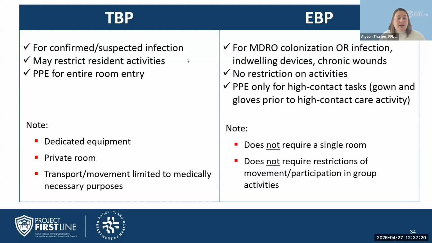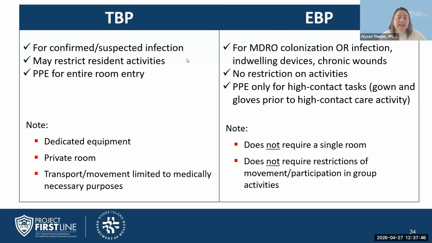TBP applies when an infection is suspected or confirmed. PPE is required every time you enter that room, and TBP often means that the resident can't participate in group activities and any movement outside the room is limited to what's medically necessary. EBP, on the other hand, is recommended for residents with MDRO colonization or infection, indwelling medical devices, or chronic wounds.